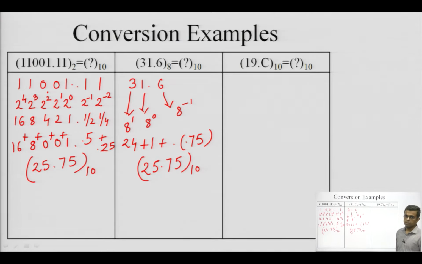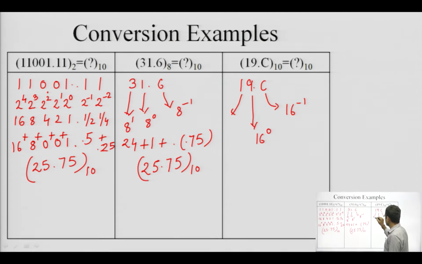Similarly, for this hexadecimal number 19.C, multiplying this C with 16 raised to power minus 1, 9 with 16 raised to power 0, and this 1 with 16 raised to the power 1.